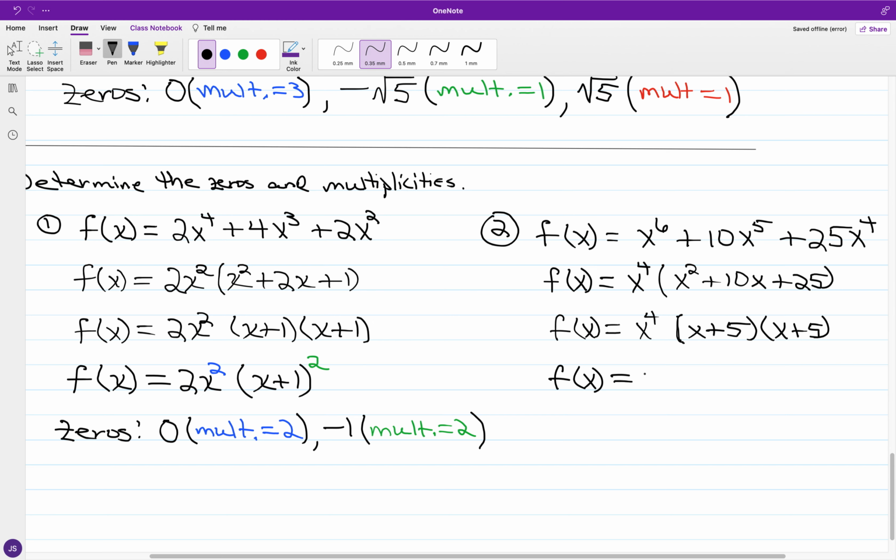So you have x to the fourth, and just like x plus 1 earlier, you have x plus 5 to repeat. Again, emphasizing the degrees of the variable factors: x is to the fourth, and x plus 5 is going to be to the second.